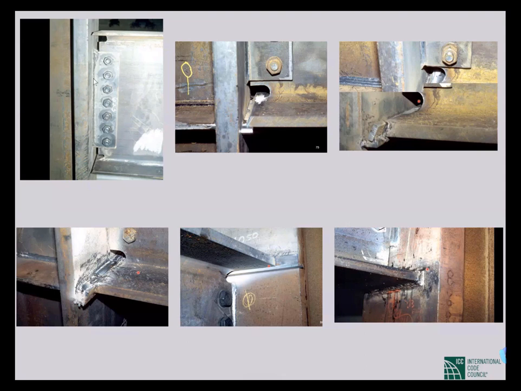Usually the column comes with these plates joined from the factory, by submerged arc welding probably. They come from the factory like this with these plates with the bolt holes, and the beams are connected to the columns and then bolted at the side like this.